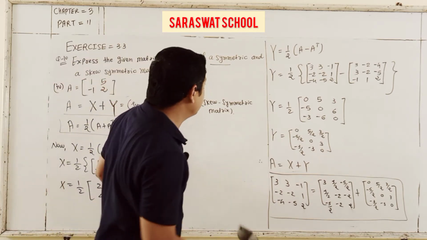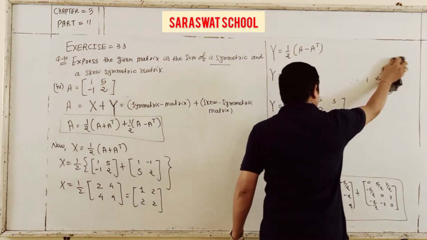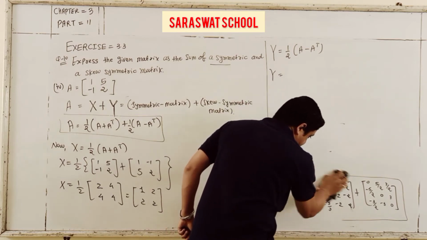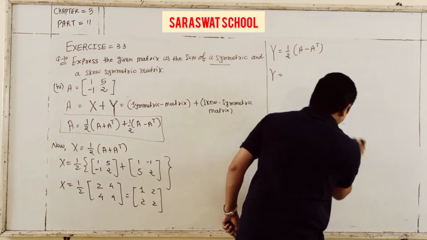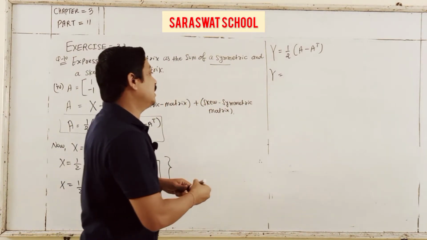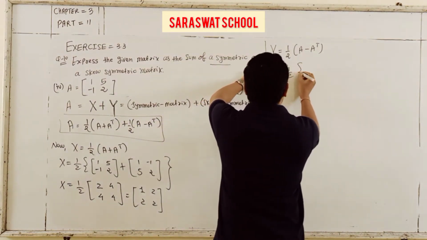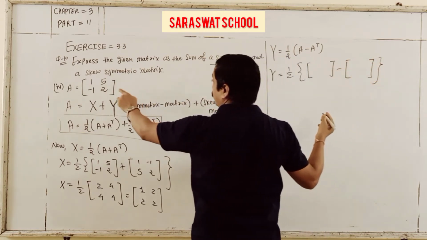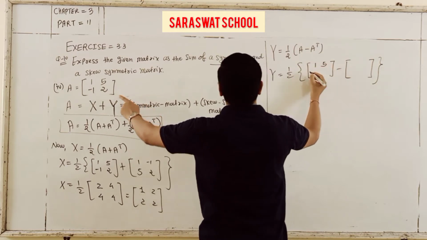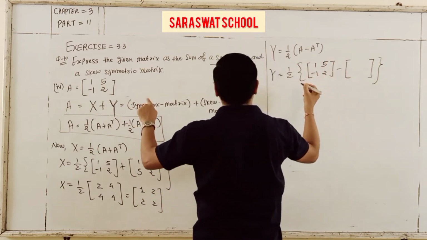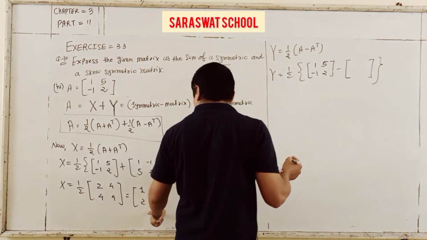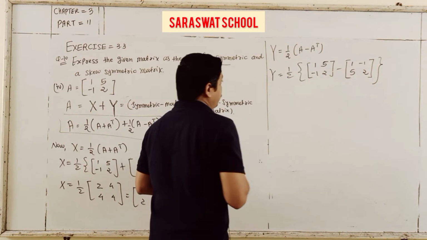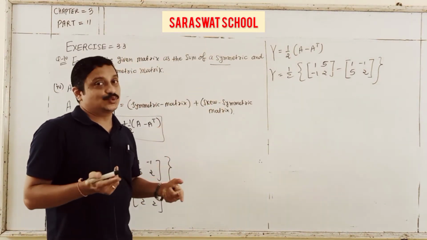Now I will go to my second part, the skew symmetric. Y becomes half of A minus A transpose, subtracted from A. So my half is the same. Here the A matrix minus the A transpose matrix. A I have 1, 5, minus 1, 2, and A transpose is taking 1, 5, minus 1, 2, with rows changed to columns.